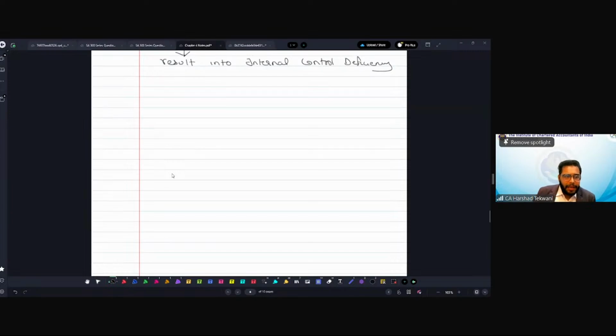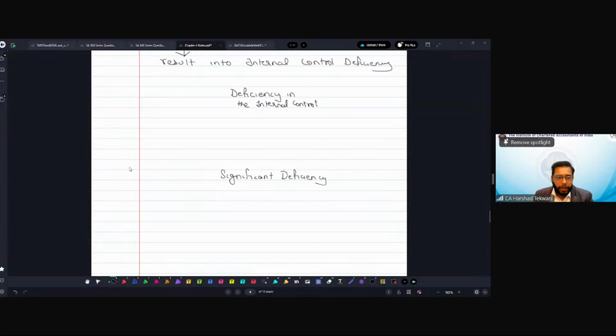Anyone else would like to add something? So I am discussing here three different terms. One is deficiency in the internal control. Second, I'm talking about significant deficiency in the internal control.